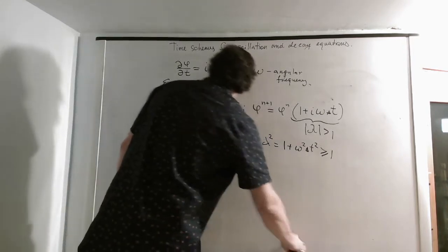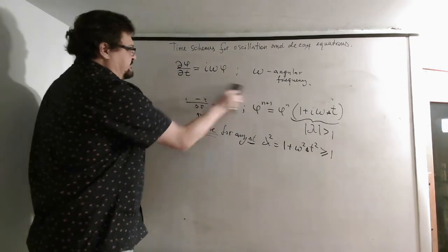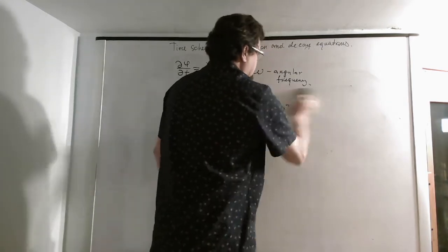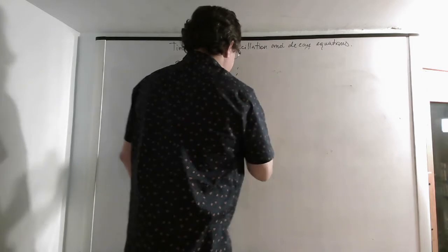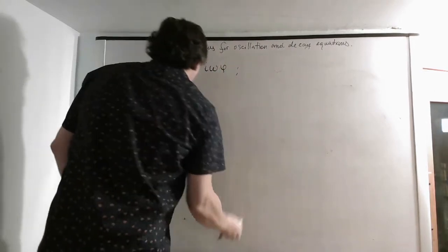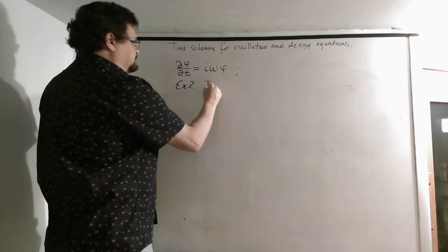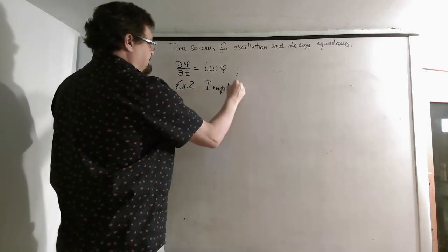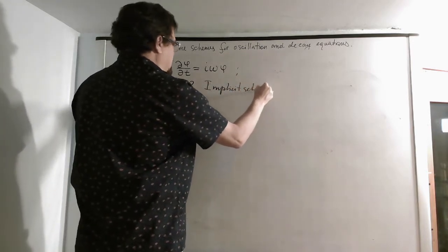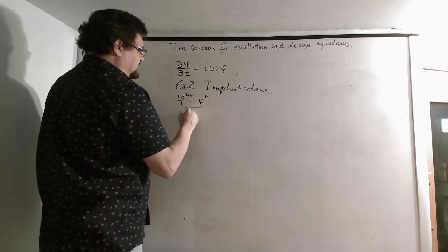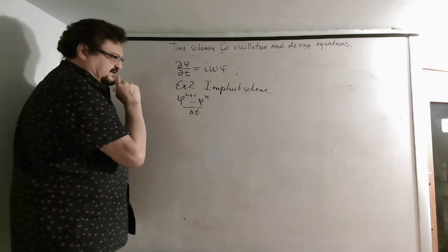All right. So let's consider example number 2. Implicit scheme. So we have phi n plus 1 minus phi n divided by delta t, so forward in time.